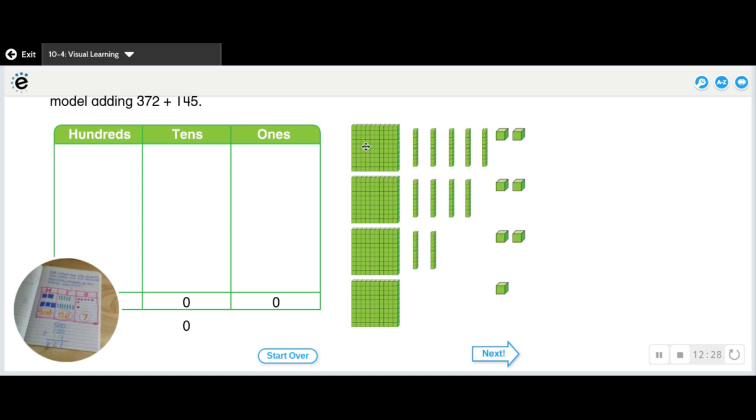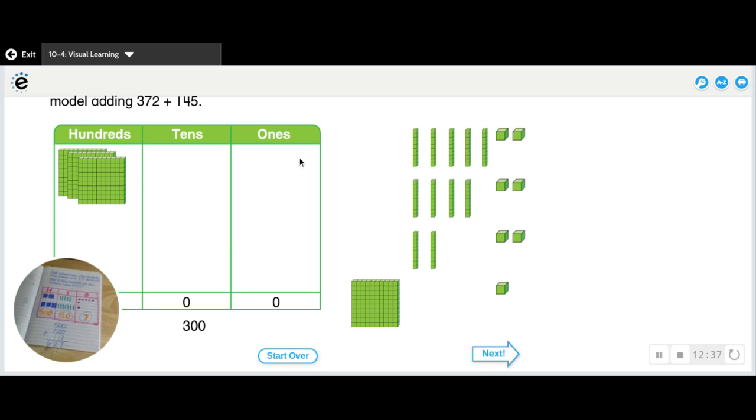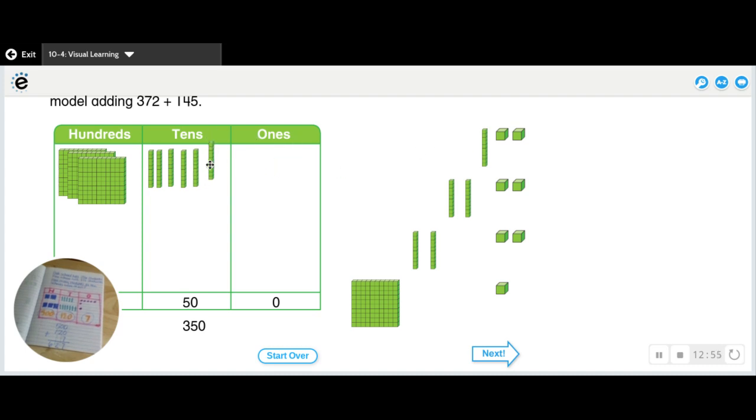So whenever we are making our 372, you know that you have 1, 2, and 300. Now let's add our 7 tens. 1, 2, 3, 4, 5, 6, 7.